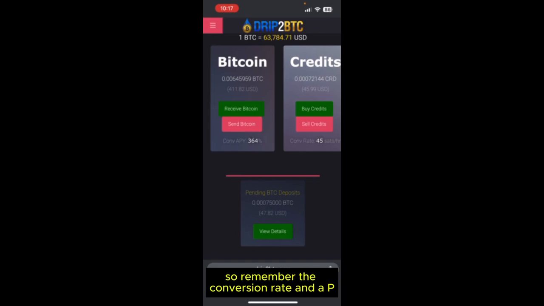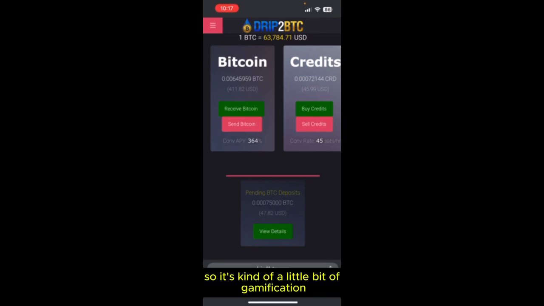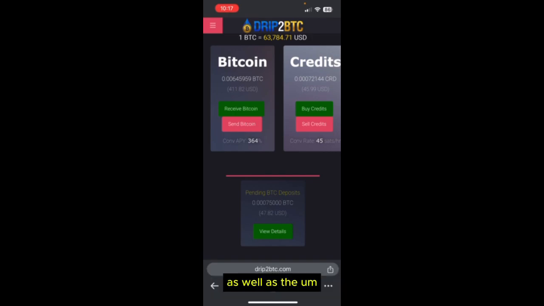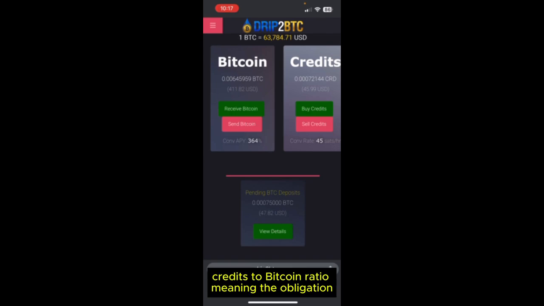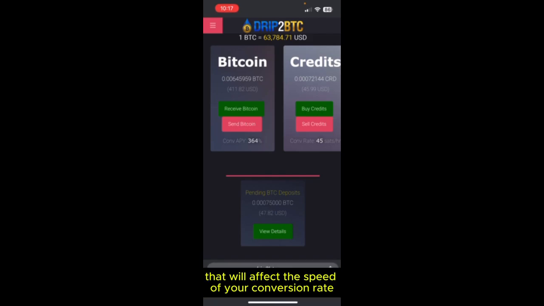So remember, the conversion rate and APY change dramatically based off of your behavior and other people's behavior in the ecosystem. So it's a little bit of gamification, as well as the credits to Bitcoin ratio, meaning the debt obligation that the platform has to pay to people in the credits that they're owed. So the more you dollar cost average and deposit, as well as make marketplace buys and sells, that will affect the speed of your conversion rate.